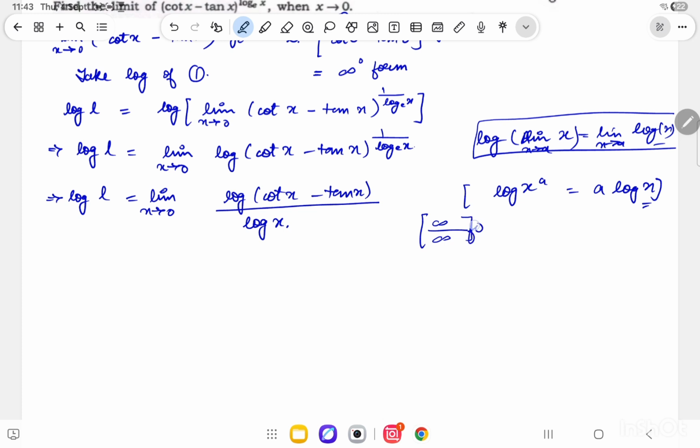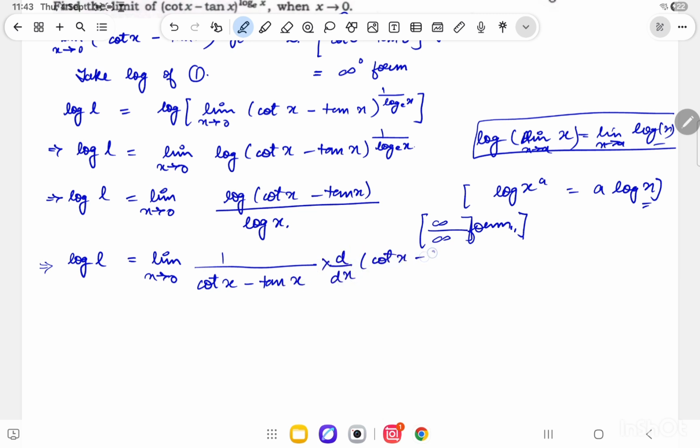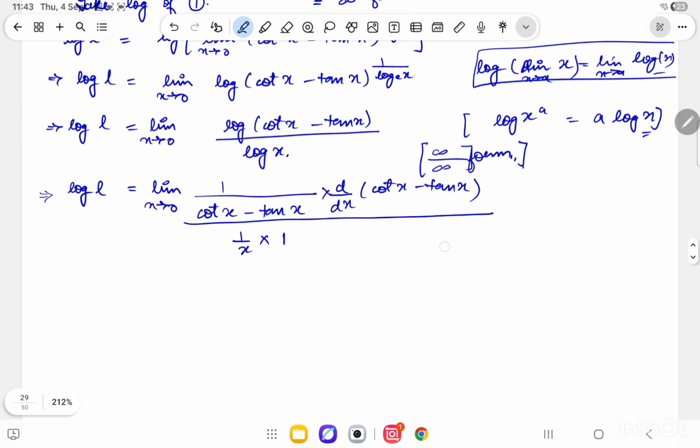So I'm getting the infinity upon infinity form again. If I apply L'Hopital's rule on the right hand side, the derivative of log x is 1 upon x, so I'll get the derivative of log(cot x minus tan x) divided by 1 by x into the derivative of x, that would be 1 only.